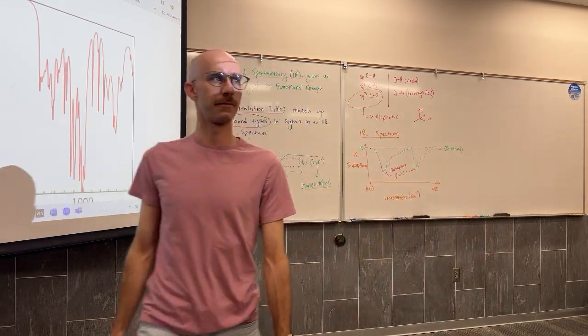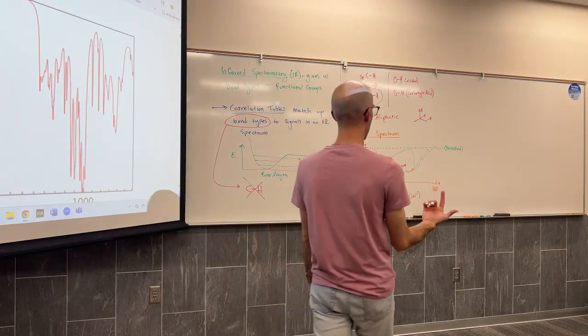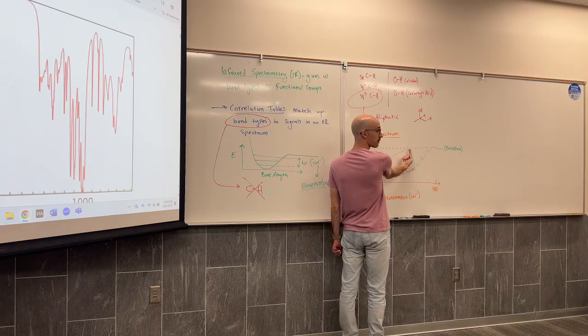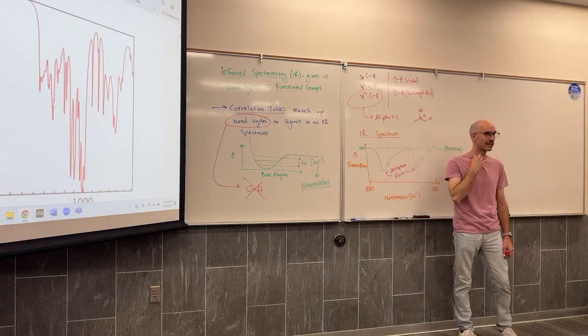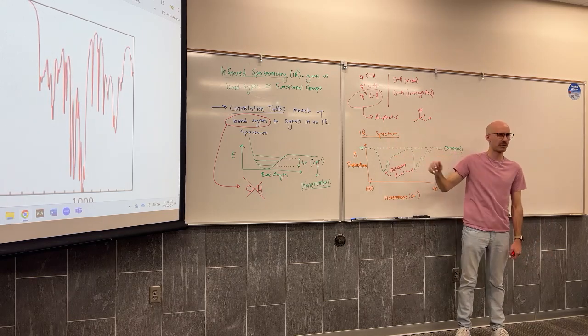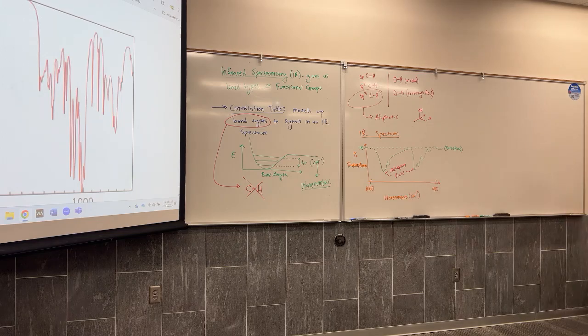If this was referred to as a transmittance peak, then I would say a peak indicates where light is being transmitted. Here's a transmittance peak. But I don't care about what light's being transmitted necessarily. I care about what light is being absorbed. So I'm looking at a downward peak. You guys comfortable with that? We don't get to make the rules, we just have to follow them.